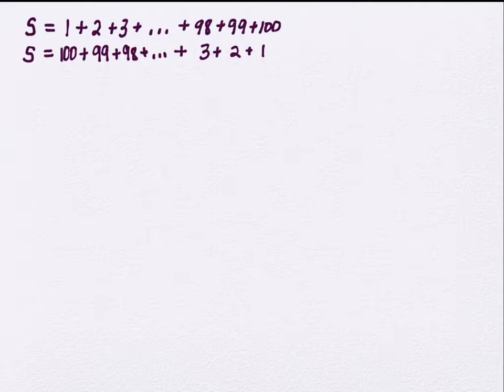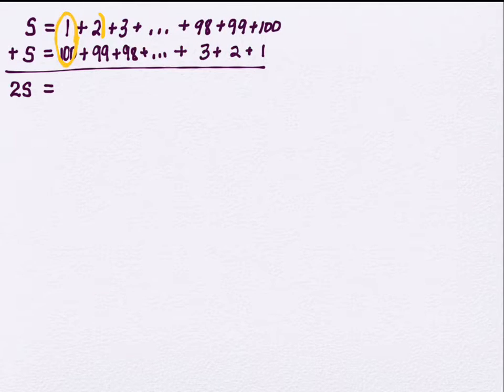Well, here's what Gauss noticed when he did this, okay, is that if you add these together, you get 2S on the left, like you've got twice as much as you started with. But what happens when you add each pair together? They're all the same, right?